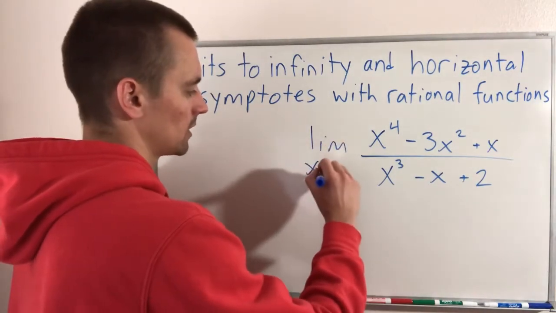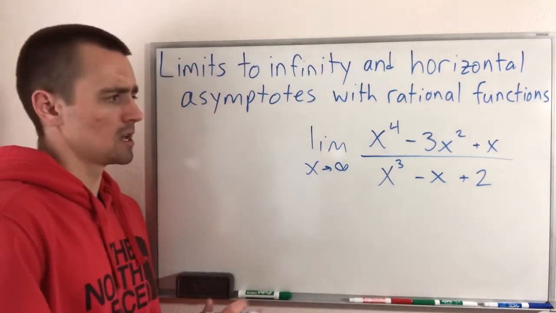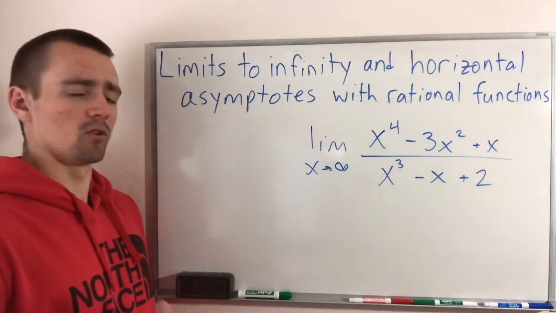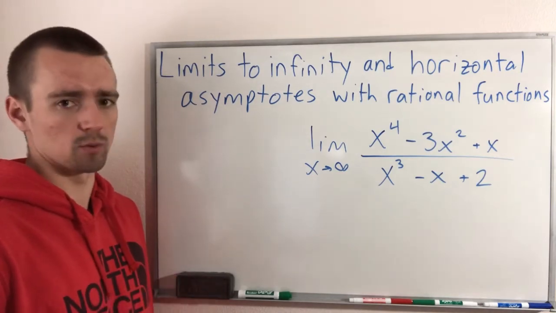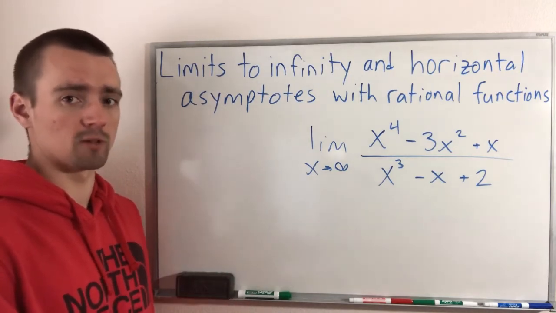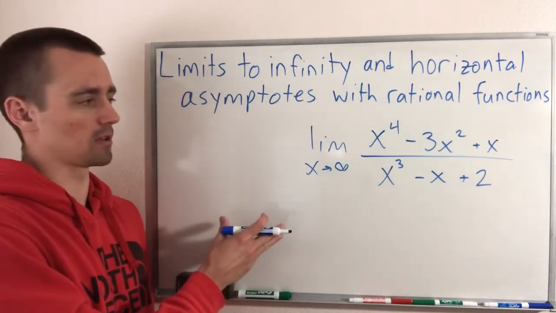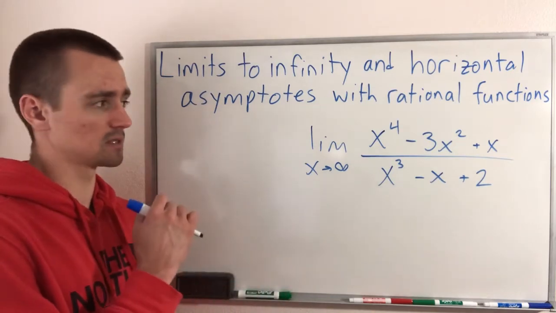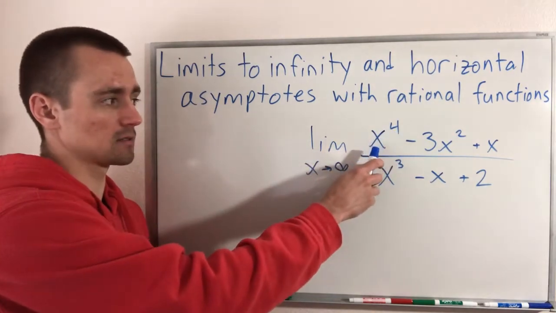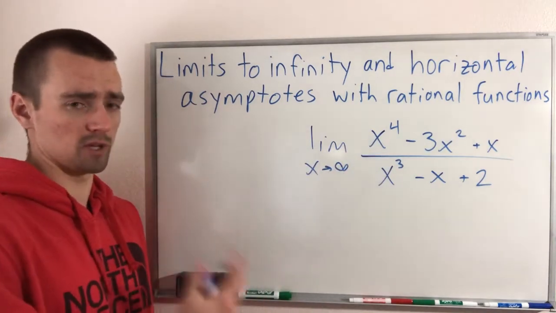So when you're taking the limit of a rational function as x is going to infinity, any case you might see would fit into one of three categories. This is the first category I want to go over, where the degree, which essentially just means the power of the highest powered x on the numerator and the denominator, comes into play.